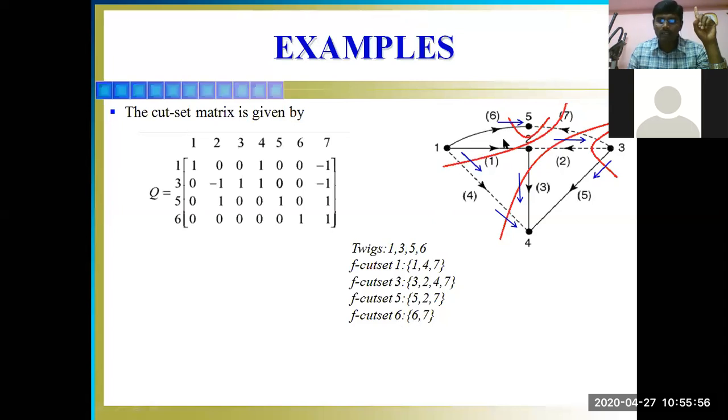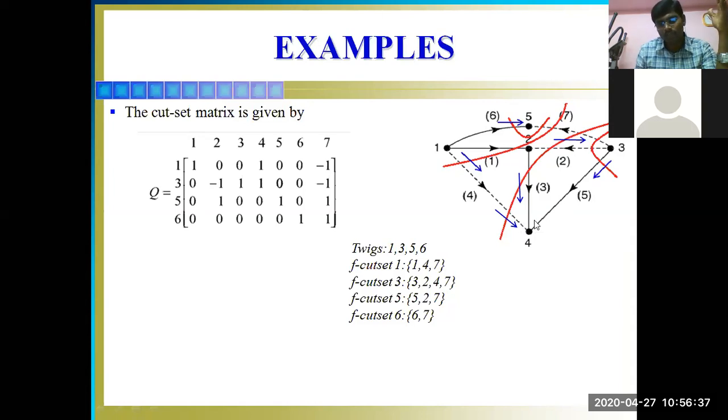But coming to the third cut set, you have to remove a twig along with some links, but that must divide the entire graph into two subgraphs. See, with 3, you can't remove 5 because 5 is also a twig.